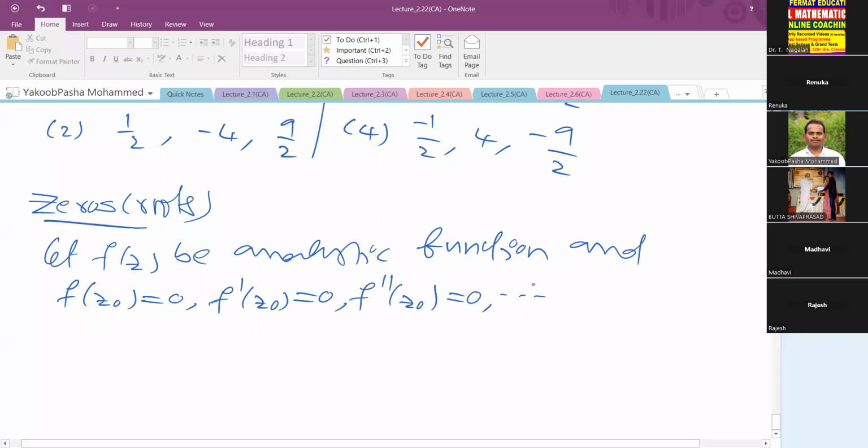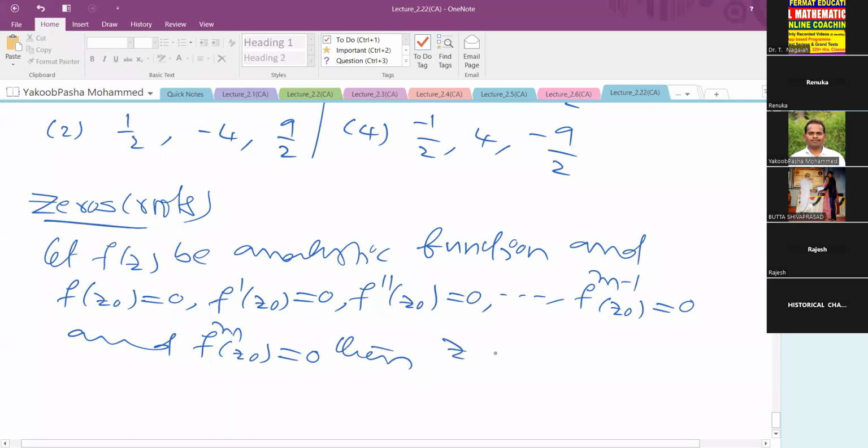The m minus 1th derivative at z0 is equal to 0, up to the m minus 1th derivative will be 0, and the mth derivative at z0 is not equal to 0. In this case, we say that z equal to z0 is a zero of order m.